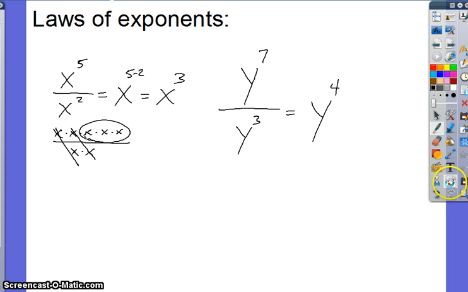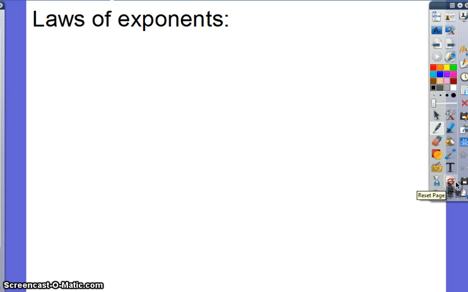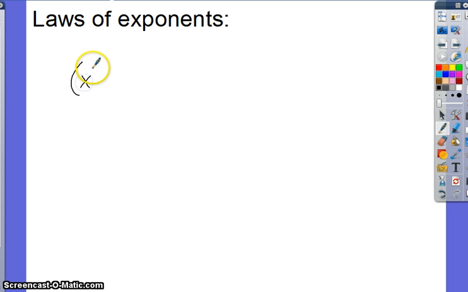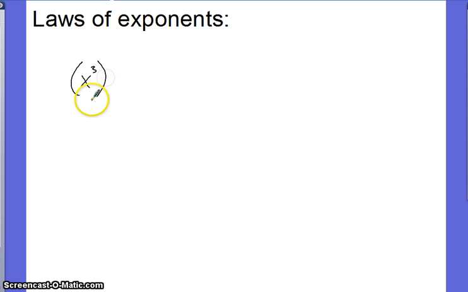Next law of exponents is when we raise a power to a power. Okay, so let's say that I have x cubed and I'm raising that to the 5th power.